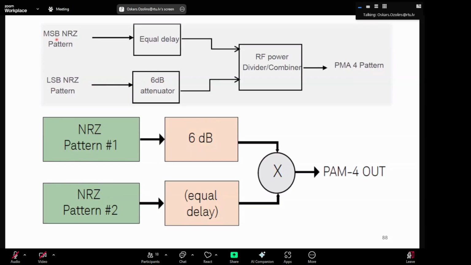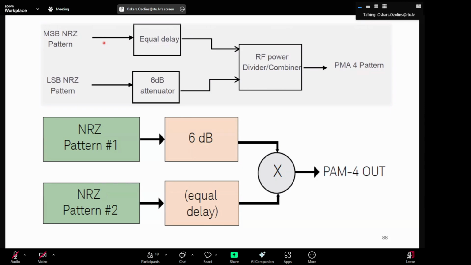Of course, these two patterns need to be synchronized on a symbol level. So the symbols going through here and through here need to have the same timing instance, so you can combine them here in an RF power divider combiner. This is the way I started doing experiments on pulse amplitude modulation.